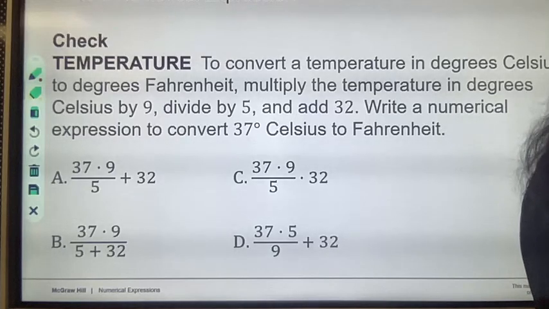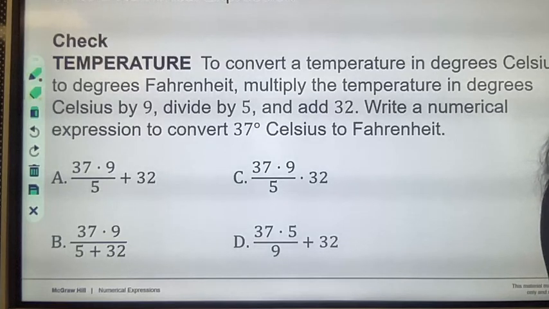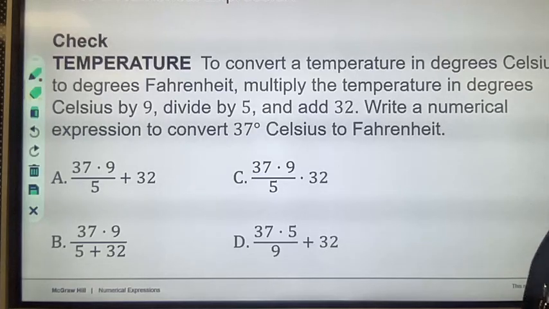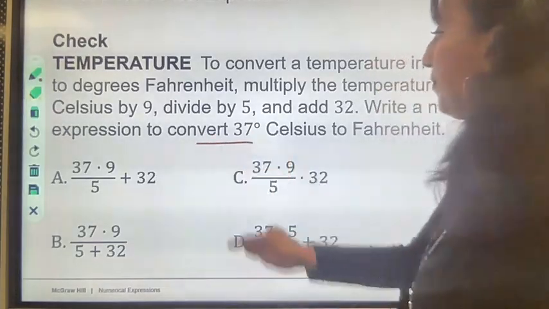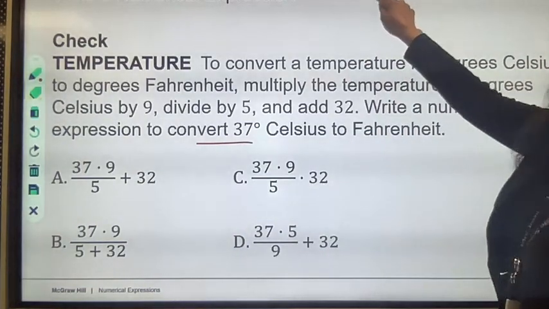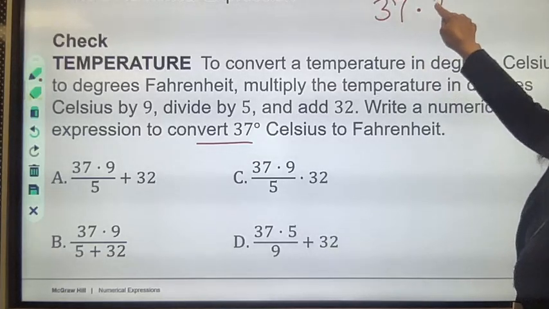So what's the first step that it said? It said to multiply the temperature in degrees Celsius, which is this, by 9. So we are going to do 37 times 9.